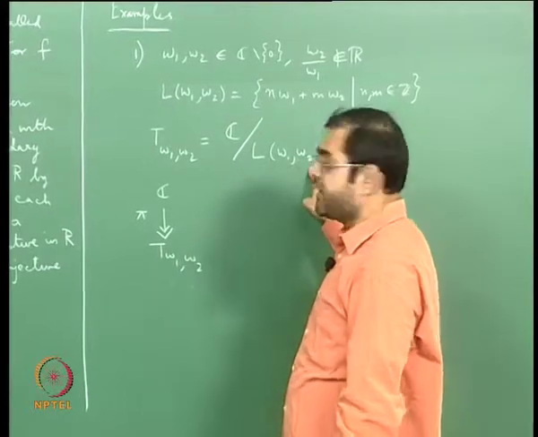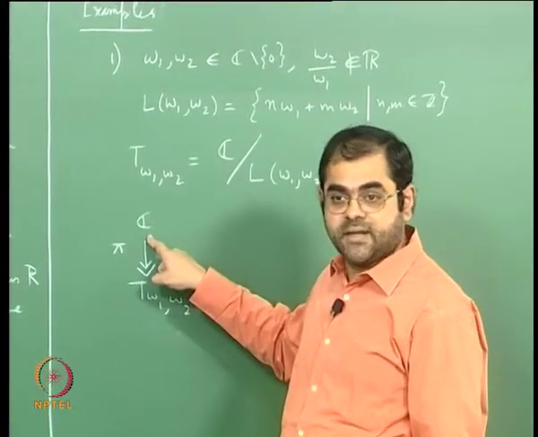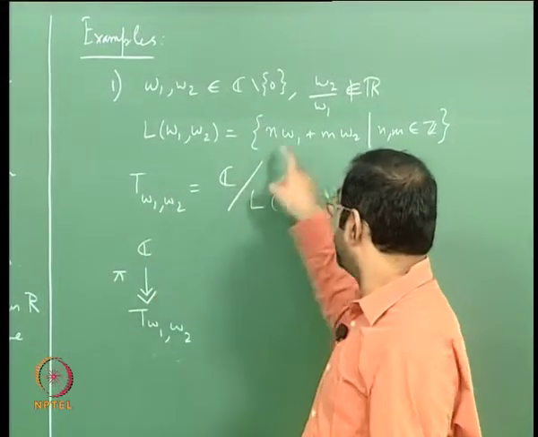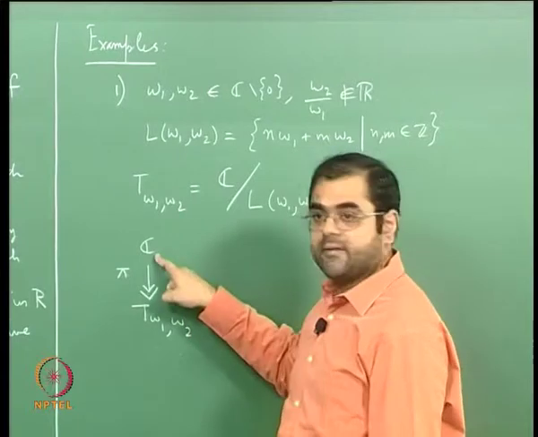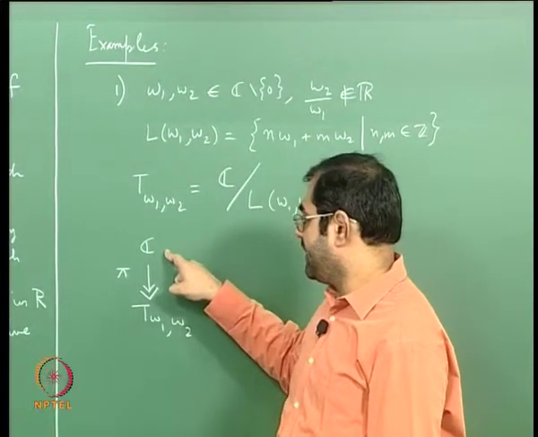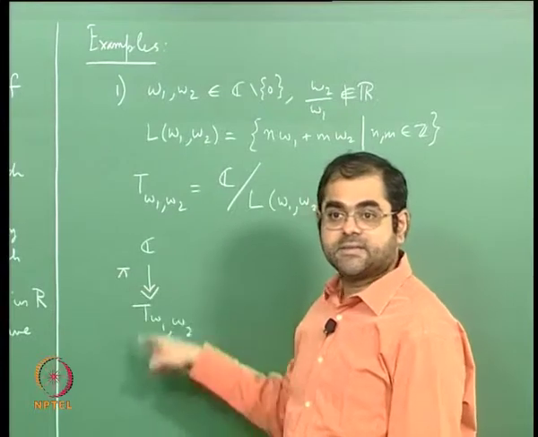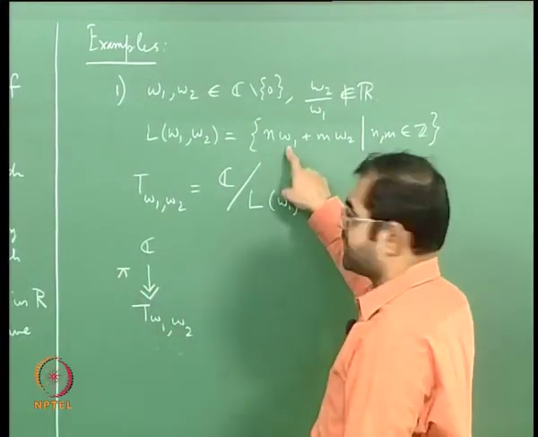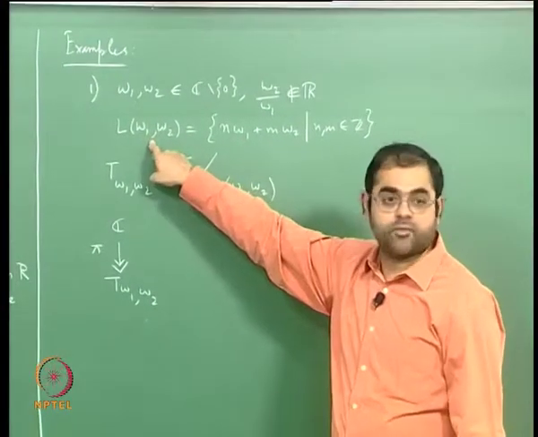The lattice L of omega 1 omega 2 can be thought of as a subgroup of holomorphic automorphisms of C, namely translations. You think of every element here as a translation by that element. This map is constant on orbits because it is actually the quotient map, so it is invariant under L of omega 1 omega 2.